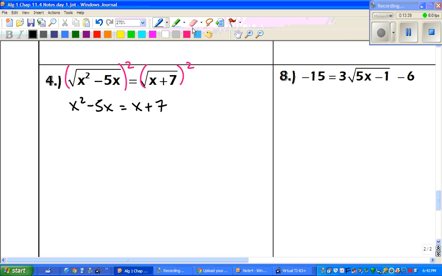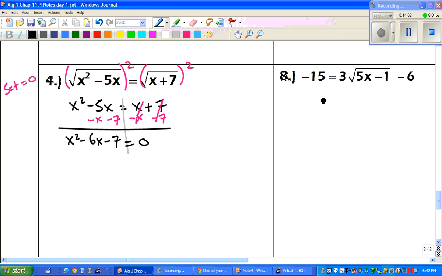Well, this is a quadratic. Okay, and when we're dealing with a quadratic, we want it set equal to 0. So I'm going to subtract the x over here and the 7. So both of those guys cancel out, and we get x squared minus 6x minus 7 equals 0.